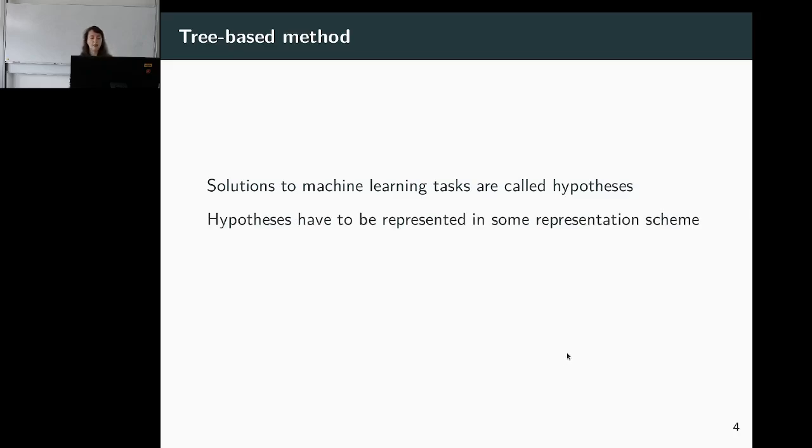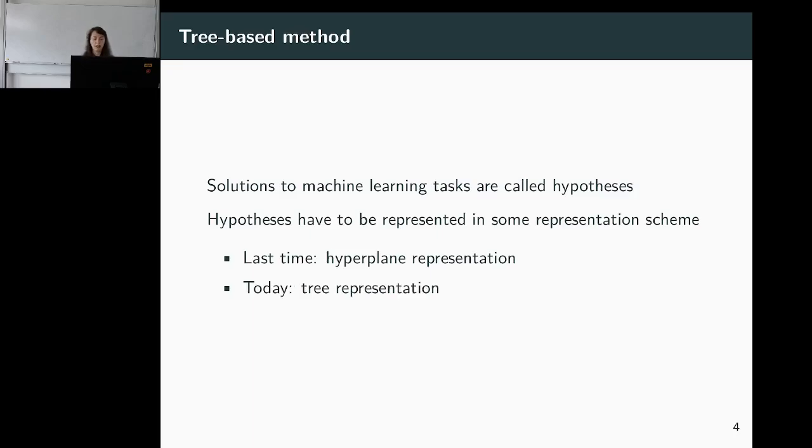And these hypotheses have to be represented in some representation scheme. Yesterday, we had the hyperplane representation. We said we allow our hypothesis to be hyperplanes. And today, we will choose the tree representation. So our hypothesis will now be a tree.